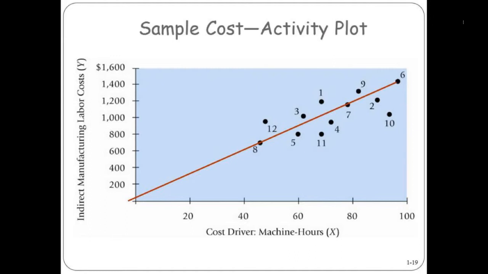What are some problems with this method? It might be nonlinear. Hopefully within the relevant range it is, but you don't know. Outliers. It's very dependent on outliers.